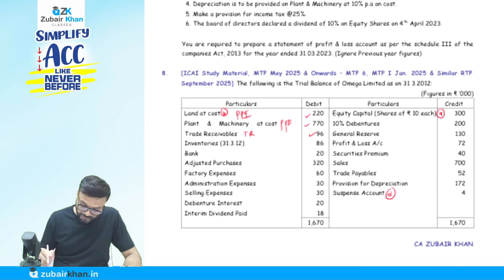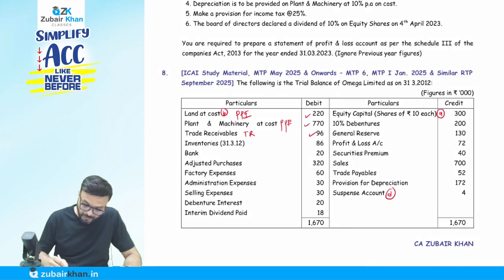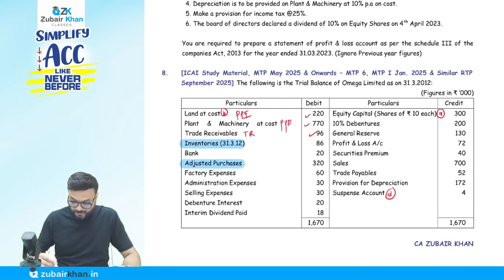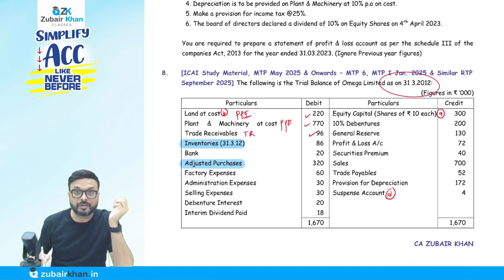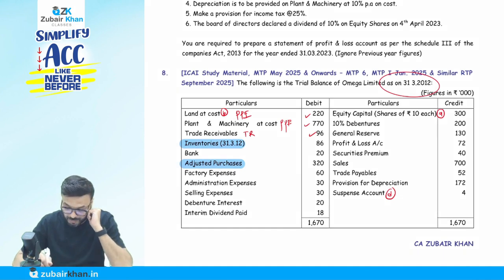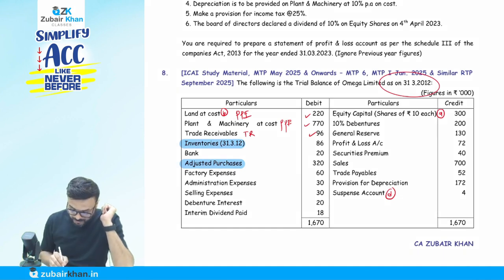Now this is a very interesting point, so listen carefully. What happens when they give you the figure of inventories? What have they written here? 31st of March 2012. What is the date of the balance sheet that we are preparing? That is also 31st of March 2012. And they have given the closing stock here in the trial balance.